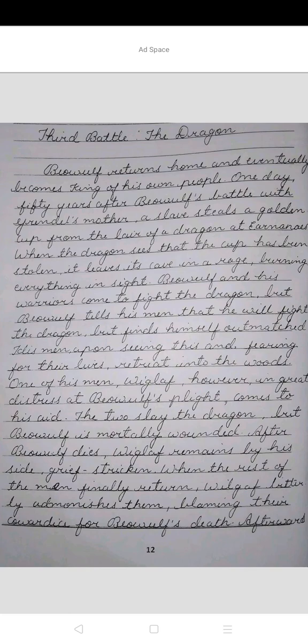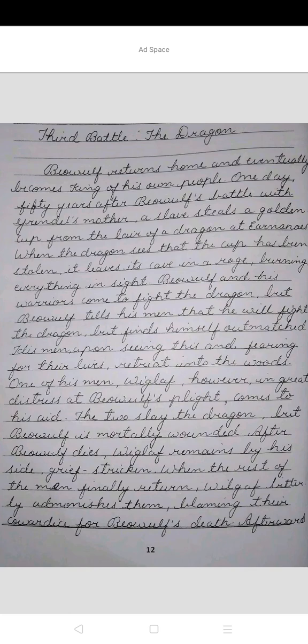One of his men, Wiglaf, however, in great distress at Beowulf's plight, comes to his aid. The two slay the dragon, but Beowulf is mortally wounded, and after that Beowulf dies. Wiglaf remains by his side, grief stricken.